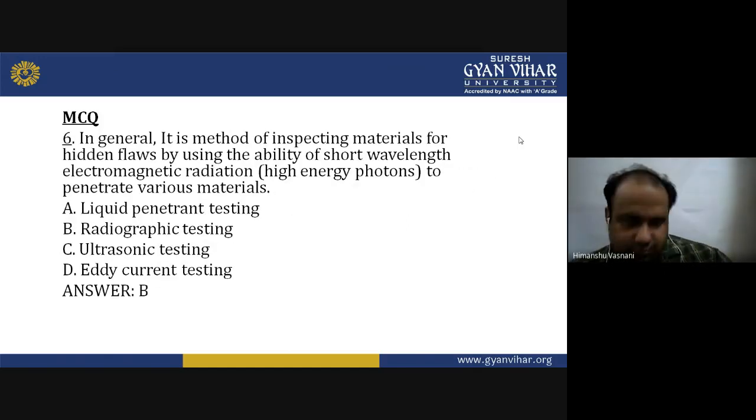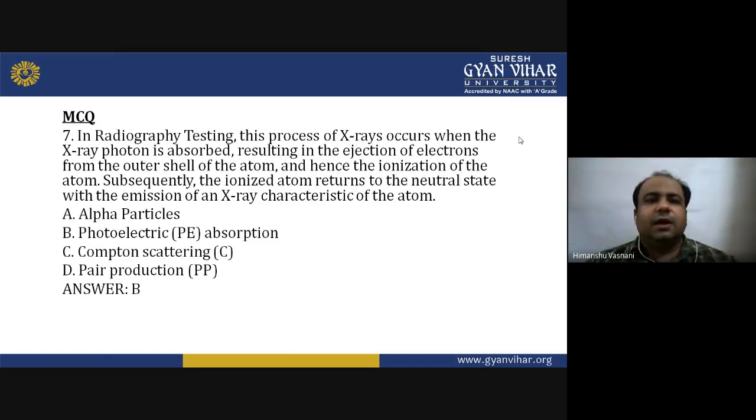Now, in general, it is a method of inspecting materials for hidden flaws by using the ability of short wavelength electromagnetic radiation, high energy photons, to penetrate various metals. What do we call it? We call it radiographic testing. In radiographic testing, the process occurs when the X-ray photon is absorbed, resulting in the ejection of electrons from the outer shell of the atom, and hence the ionization of the atom.